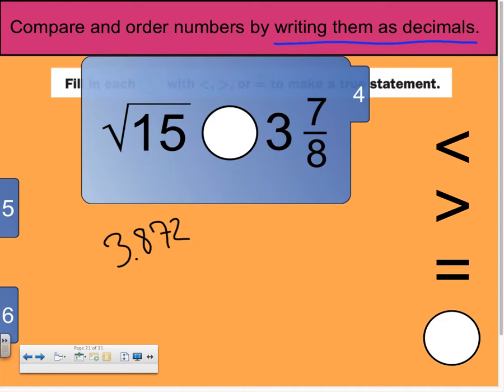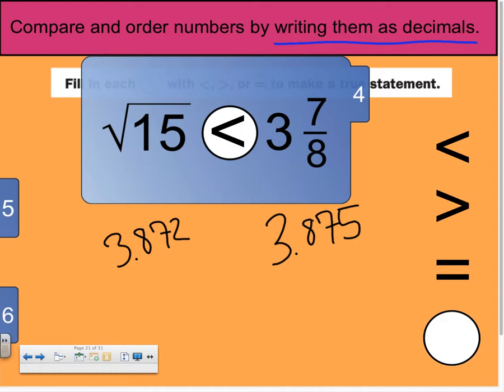Okay, and 3 7/8. What if you just do 7 divided by 8? Okay, so the first 3 digits are both the same, and then put your pen down. Okay, and go ahead and make your choice. Very good. So 3 7/8 is going to be slightly bigger than the square root of 15.